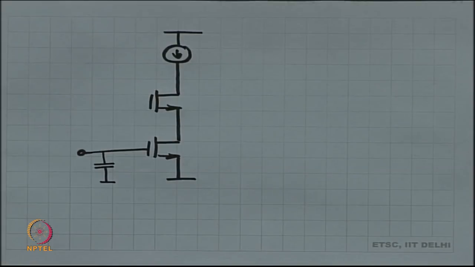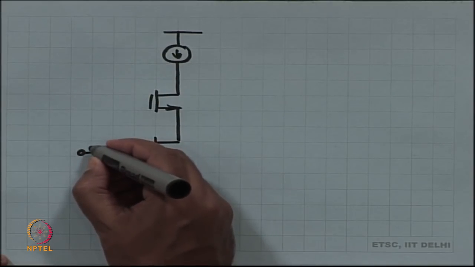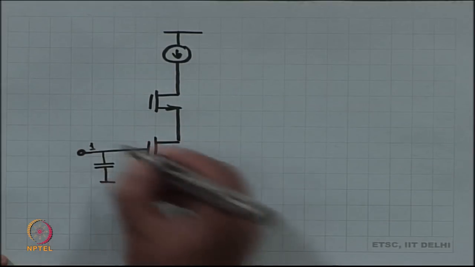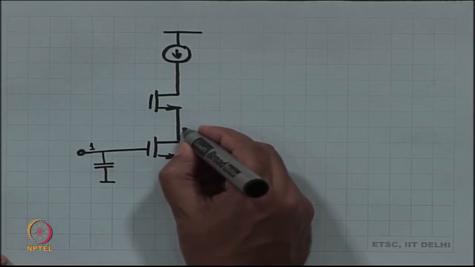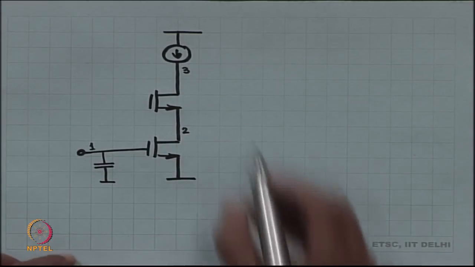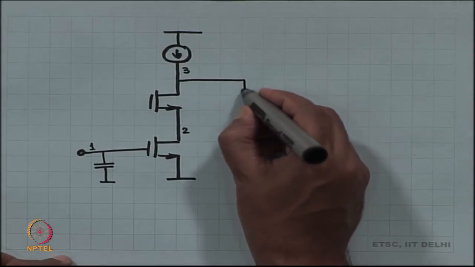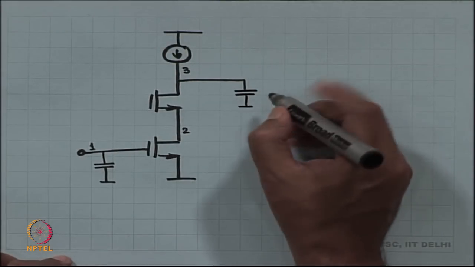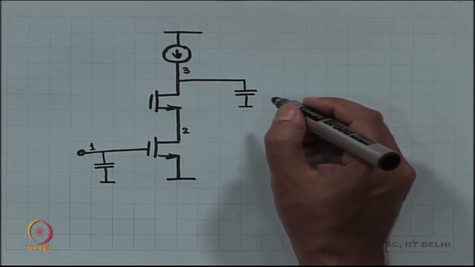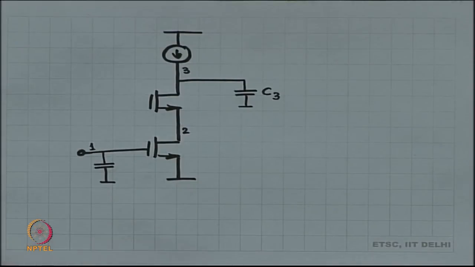So, let us call this node 1, let us call this node 2, and let us call this node 3. Okay. So, I have a capacitor between node number 3 and ground, which is actually CDB2 plus CGD2. I am going to call it C3.